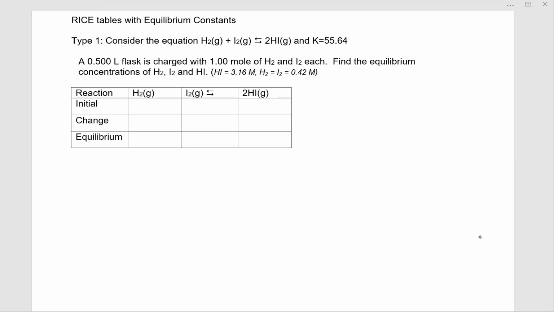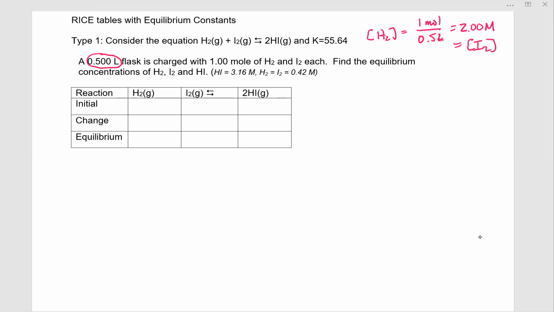Well, the first thing I hone in on is, oh boy, I've got a 0.5 liter flask, so I'm going to have to figure out my molarity. So my molarity of H2 is going to be 1 mole over 0.5 liter, which is 2.00 molar, which is the same thing as the concentration of the I2.